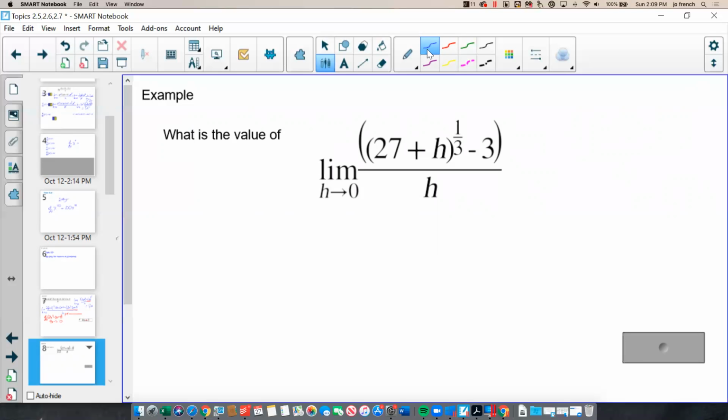So if h goes to 0 here, this would be the same as 27 to the 1/3 minus 3 over 0, which is 0 over 0. This is my limit, which is undefined, right? But 0 over 0 is indeterminate, not undefined. So we need to figure out what's going on here.